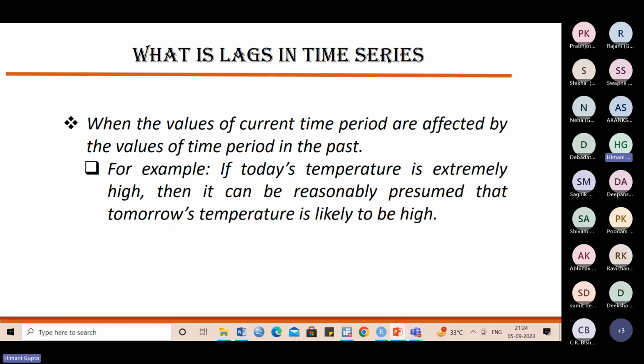Similarly, if I talk about stock price, do you think that only one reason is there? There can be n number of reasons.